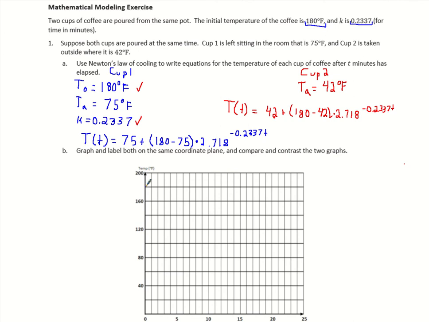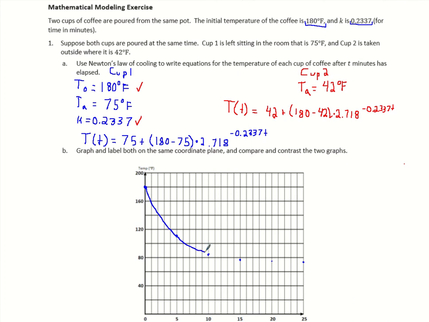I'm going to label some of the key points just so that I know them as a reference for when I'm drawing my line. So my line for cup number 1 is going to look something like this.